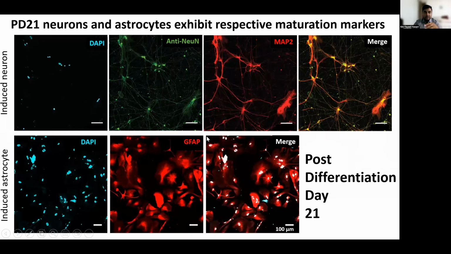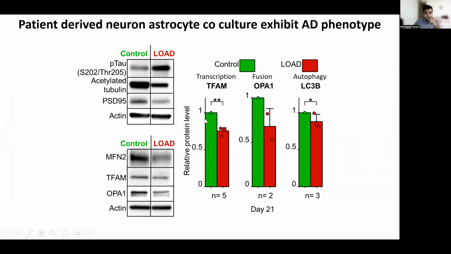And in these cultures, we got cells from healthy people, and we also got cells from Alzheimer's disease patients. And we saw here that in this Alzheimer's disease patient, there is a more phosphorylated tau. So the thicker the line is, the more protein is here.